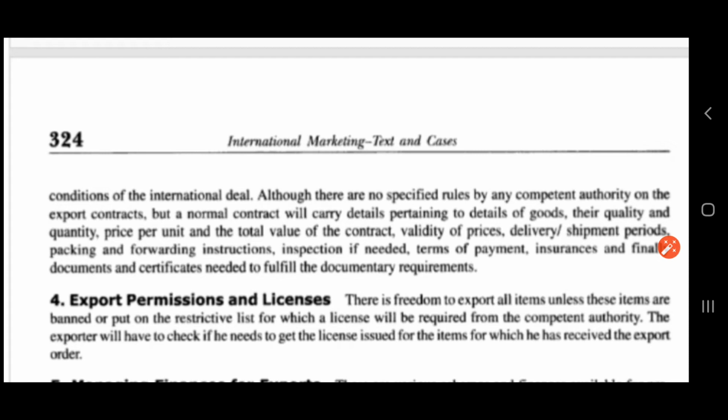So all these kinds of details should be carried in the contract.